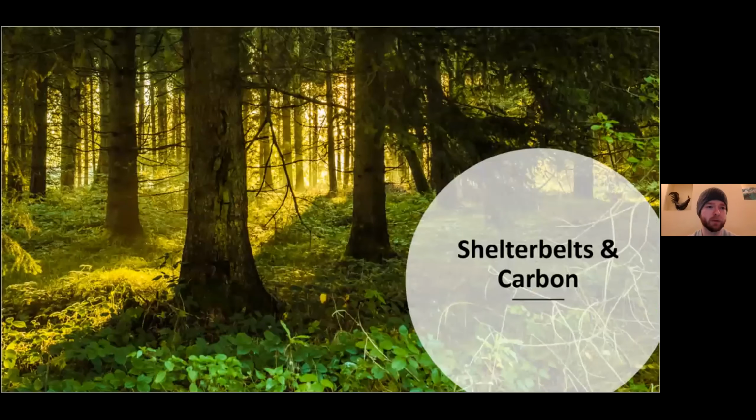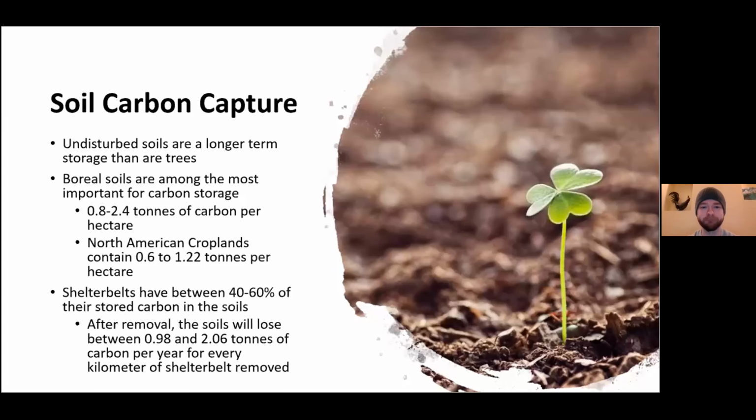Now we're going to talk about carbon storage and how trees that are in shelterbelts and ecobuffers can help with that. So basically, it's always important to remember that the largest storage comes from the soil itself. And it's always important, if you can avoid it, to not disturb treed areas, because the soil underneath them is a huge storage source for carbon.